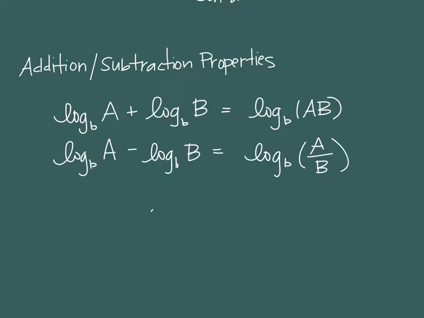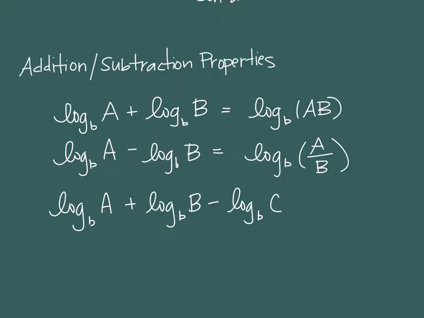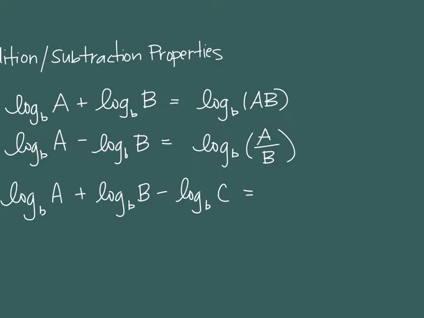And it can furthermore take a whole long thing and combine it all together. So it can take the log base B of A plus the log base B of B minus the log base B of C. So I mean, it can take a whole string and combine all of that together as well into parentheses, where you end up with A times B divided by C together.